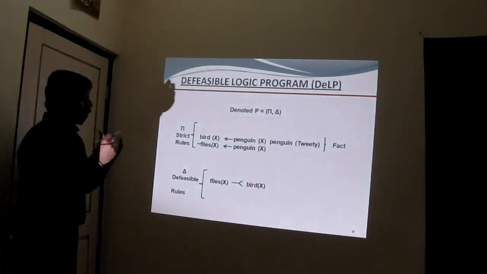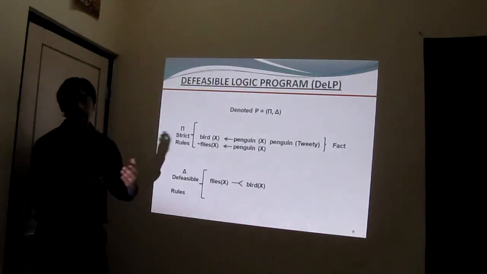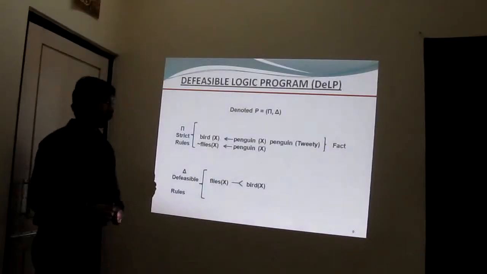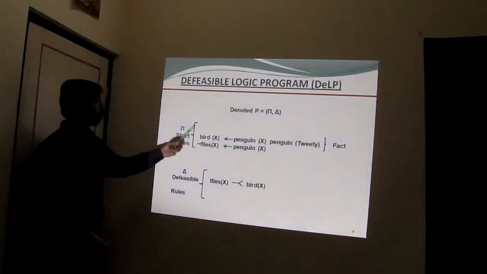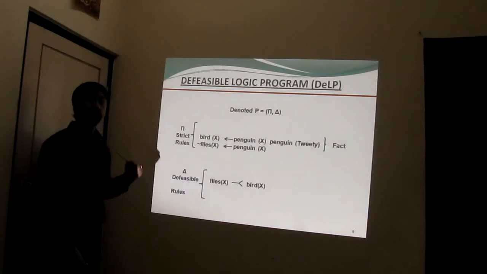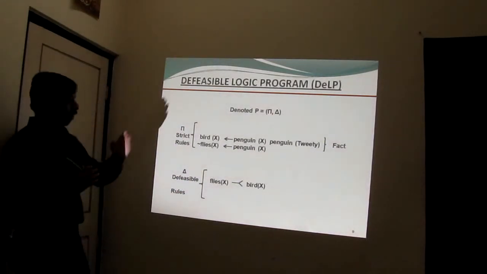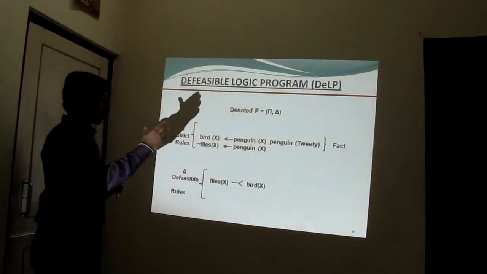If we represent that information in the form of a defeasible program, we have two strict rules, penguins are birds and penguins do not fly, and one defeasible statement that birds usually fly. And the fact available with us is that Tweety is a penguin.